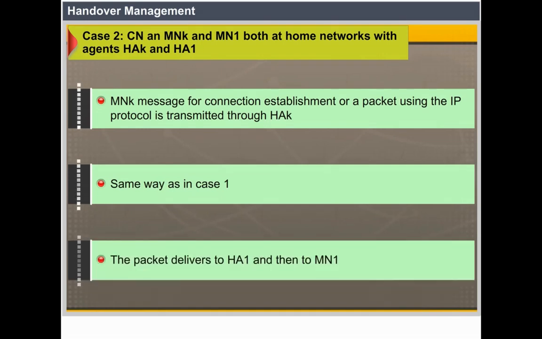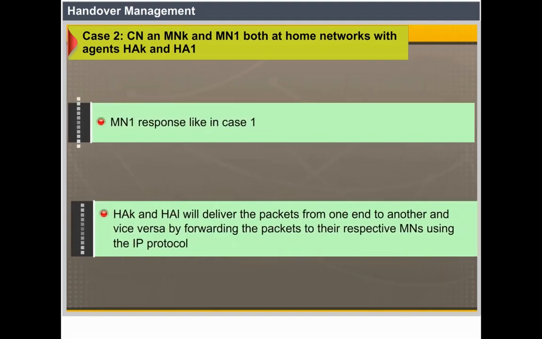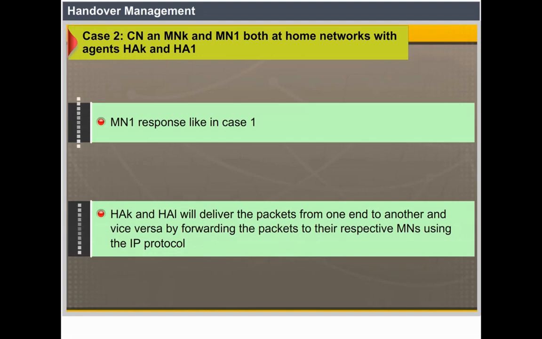The packet delivers to HAI and then to MNI. MNI responds like in case 1. HAK and HAI deliver the packets from one end to another and vice versa by just forwarding the packets to their respective MNs using the IP protocol.